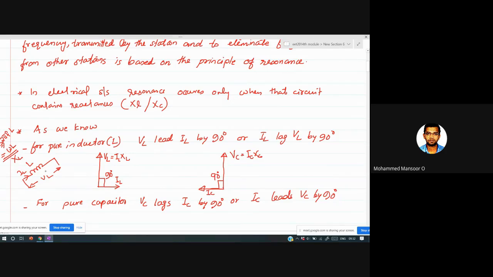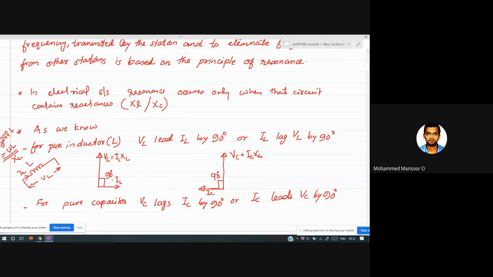So what is the voltage and current relationship in the case of a pure inductor? As we know, the IL phasor is clockwise with respect to VL. When a phasor is clockwise with respect to another phasor, it is lagging.